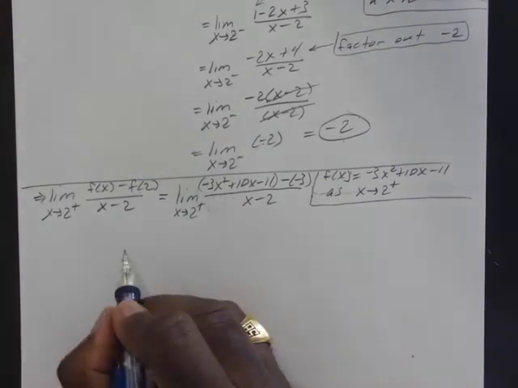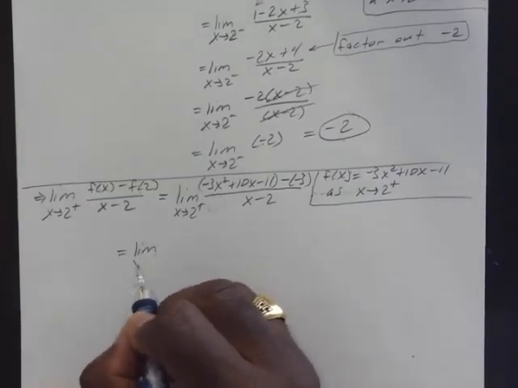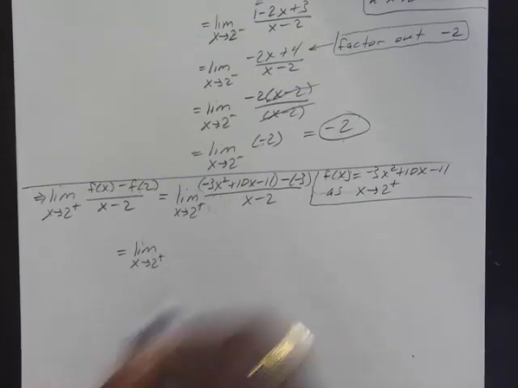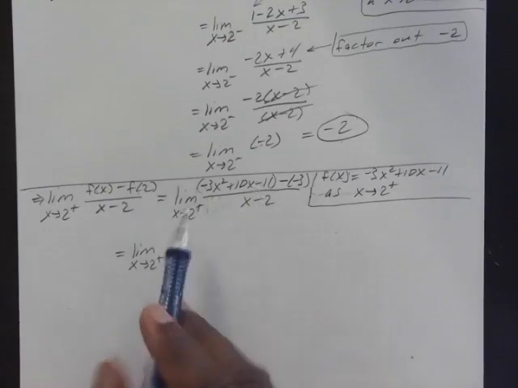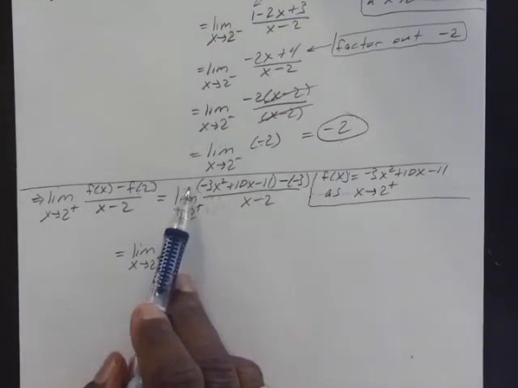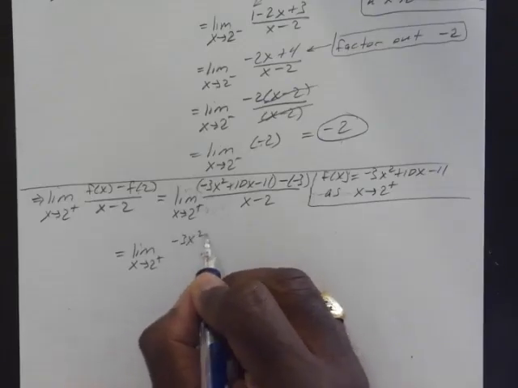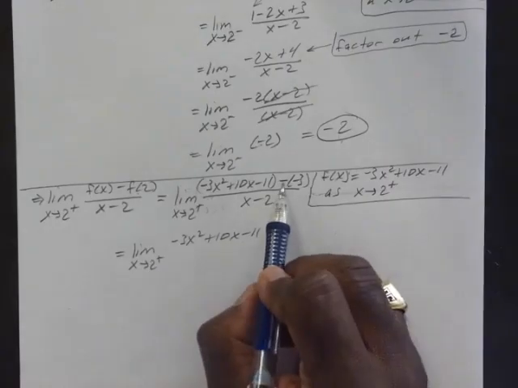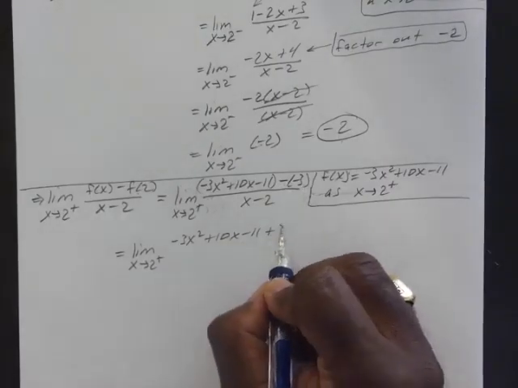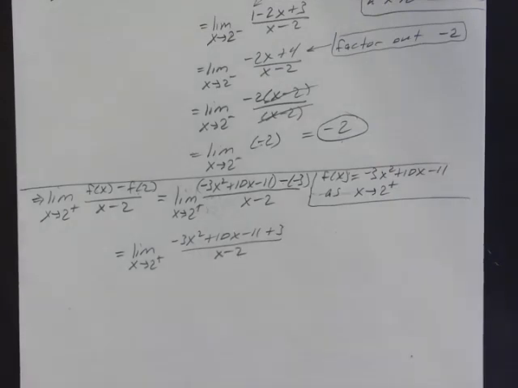All right, so let's go ahead and simplify this. We have the limit as x approaches 2 from the right of negative 3x squared plus 10x minus 11. This polynomial is positive, so we can go ahead and drop the parentheses. Negative 3x squared plus 10x minus 11 minus negative 3 is plus 3, divided by x minus 2.